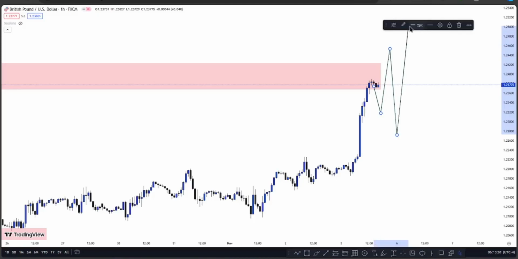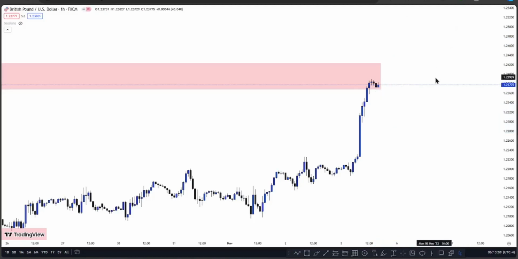So these are the only two scenarios that we want to be looking at on the 1 hour time frame. I hope we understand that. So that's about the whole picture on the daily and the 1 hour time frame of GBP USD. Now let's get to USD JPY.